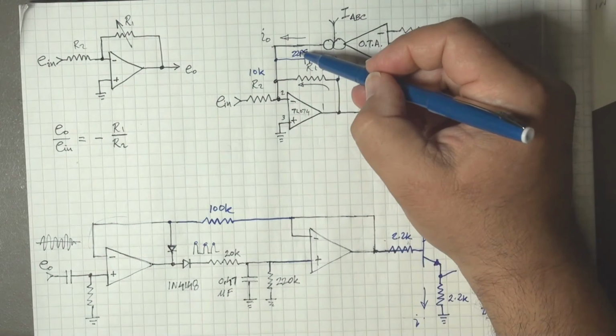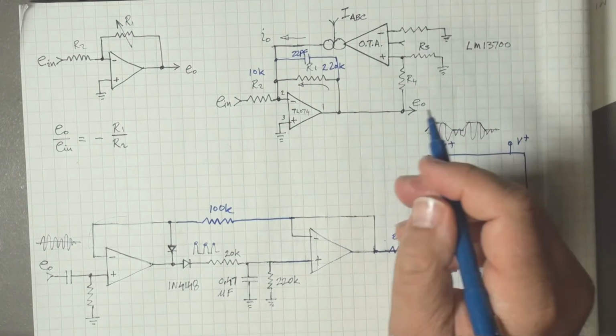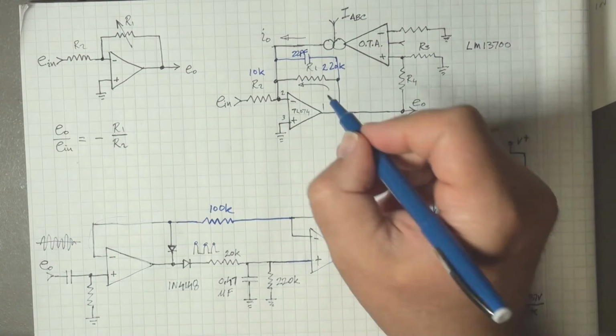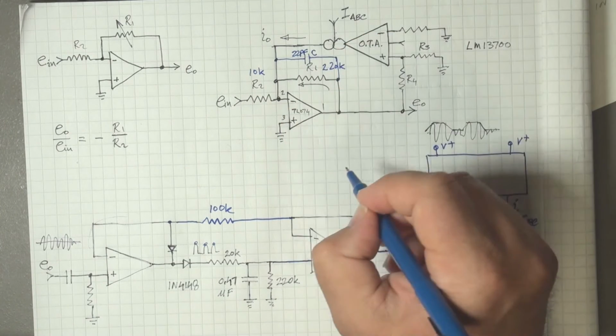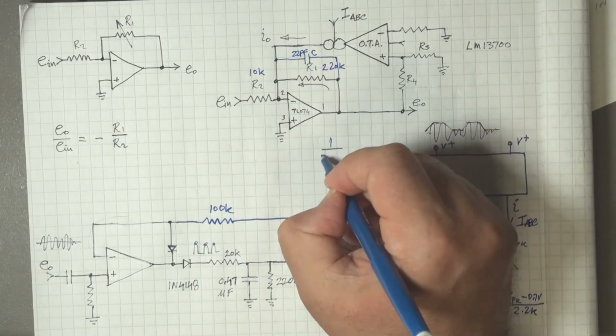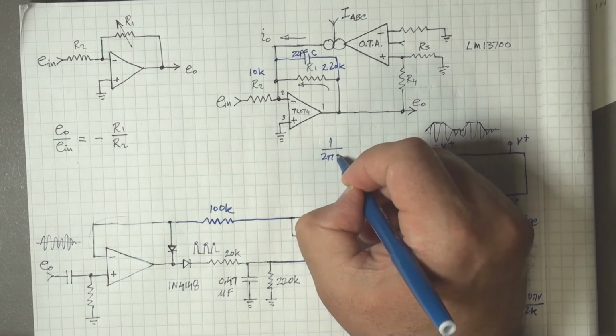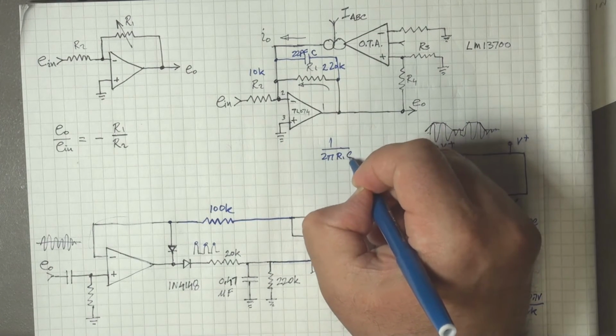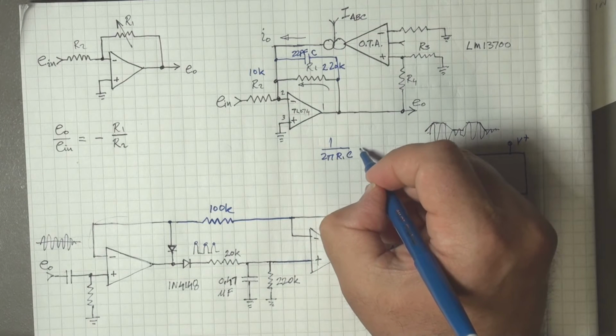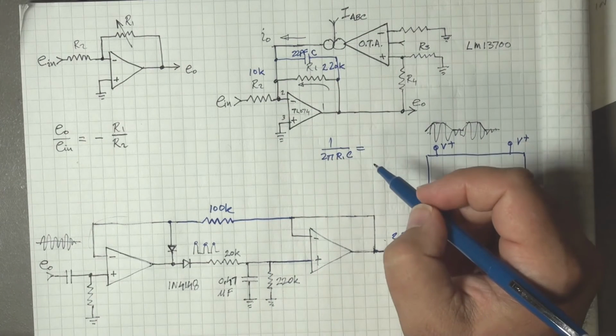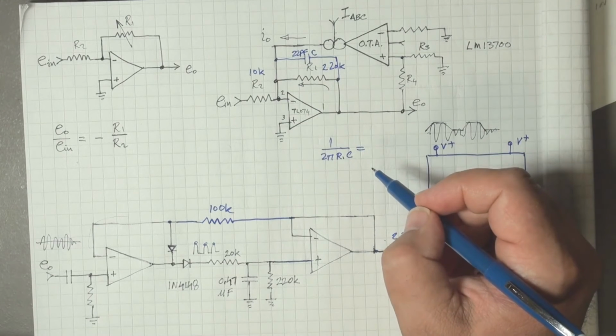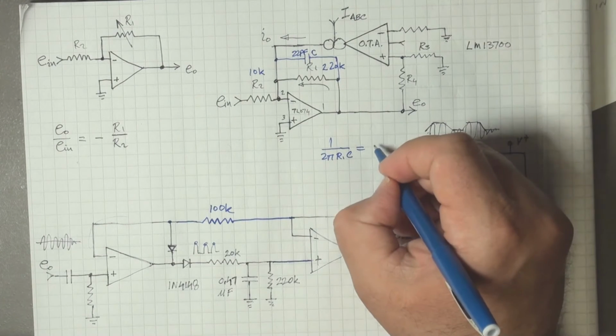I want the filter pole, let's call this value C, 1 over 2 pi R1C, to be greater than the frequency response of the ultrasonic microphone that I'm amplifying here.